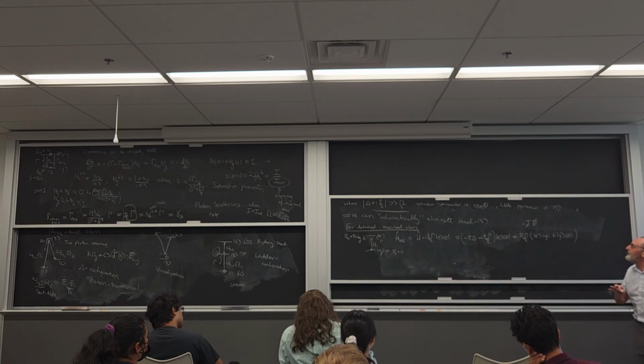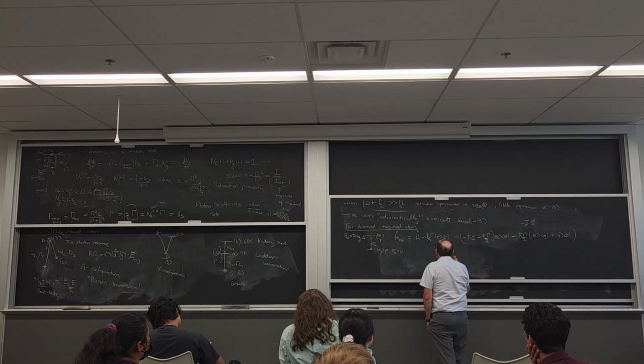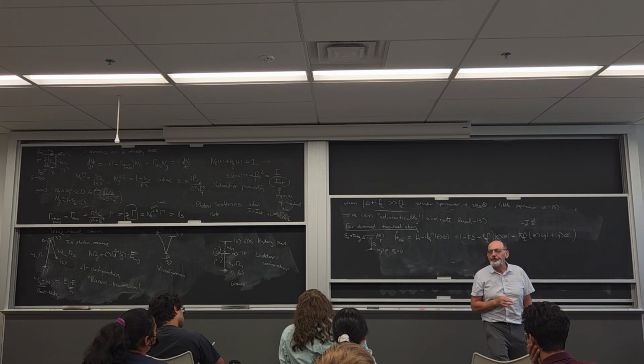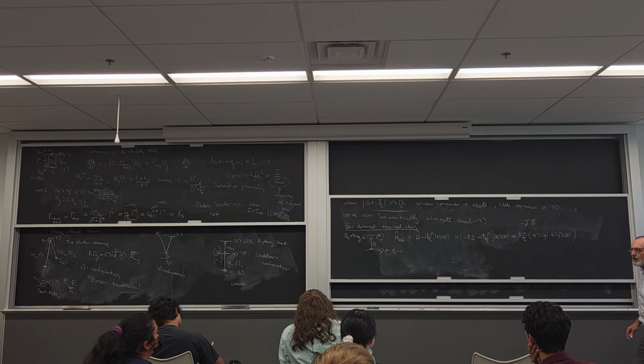So that's my 2-level atom, including an imaginary part in the excited state. And so we can then ask, what is the Schrodinger equation associated with the time evolution of this?